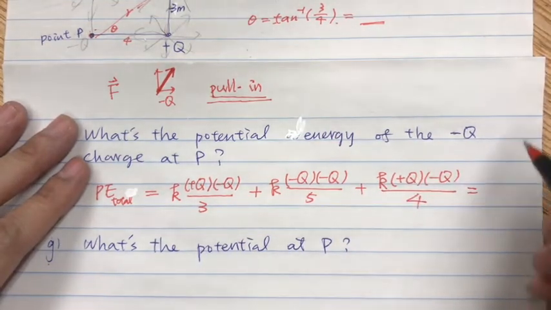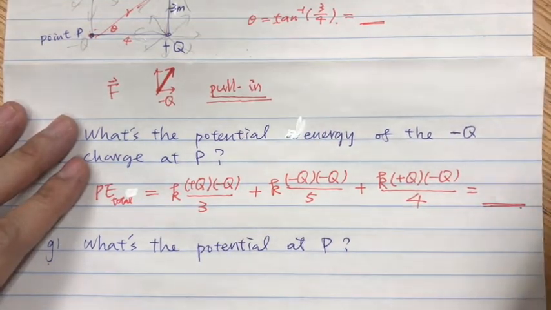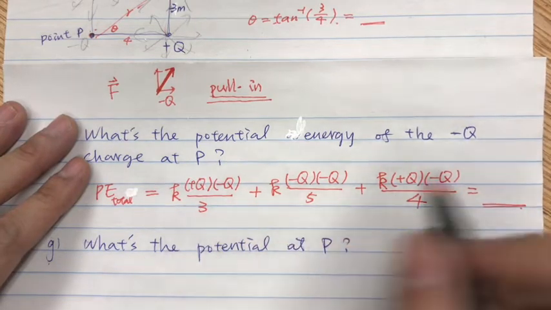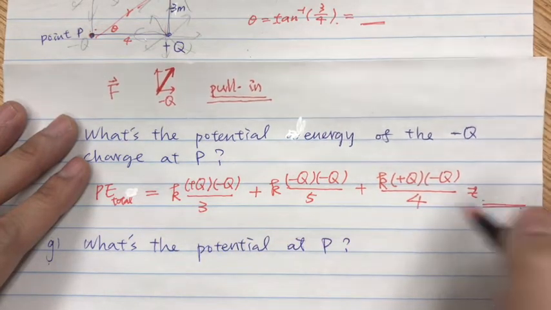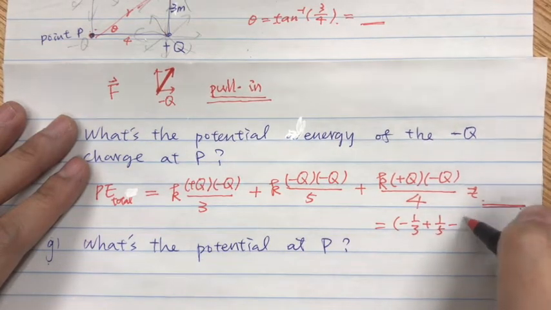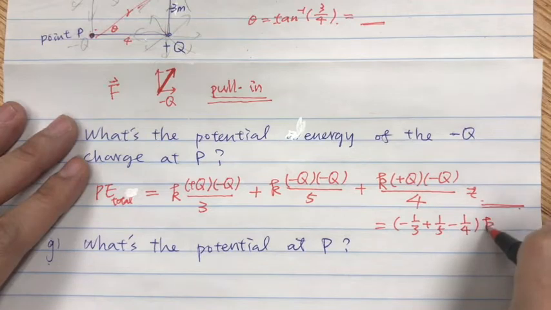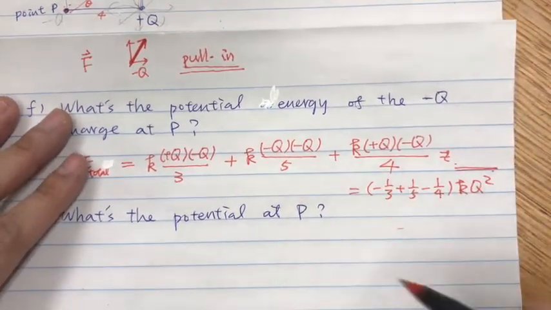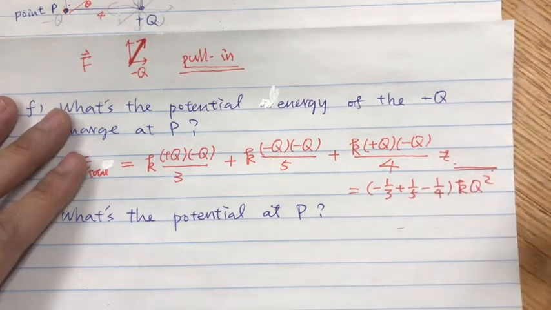So go ahead and simplify this, and you'll get like negative 1/3 plus square. So go ahead and put this number in the calculator. You should get some numbers there.